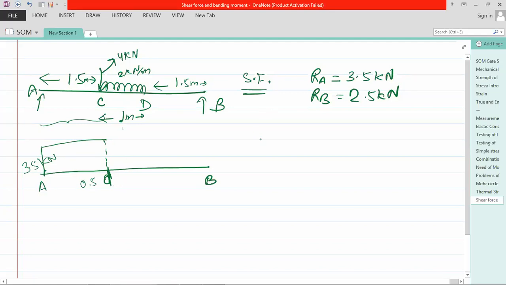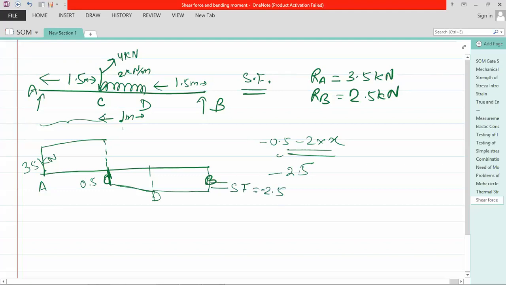Then it will go like minus 0.5 minus 2 into x. Okay, then it will go like this up to D, and at x equal to 1, it will be minus 2.5. Now after that, there is no load acting and it is constant and equal to 2.5. Then shear force is equal to 2.5 in negative direction.